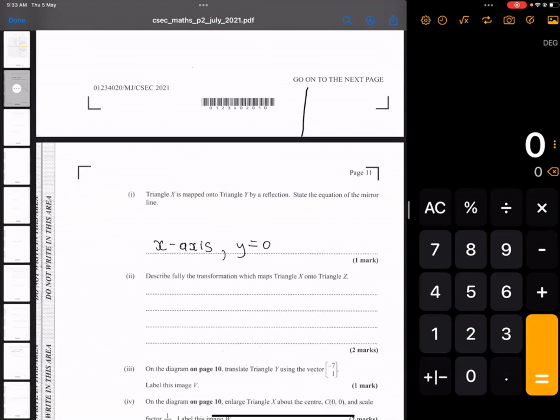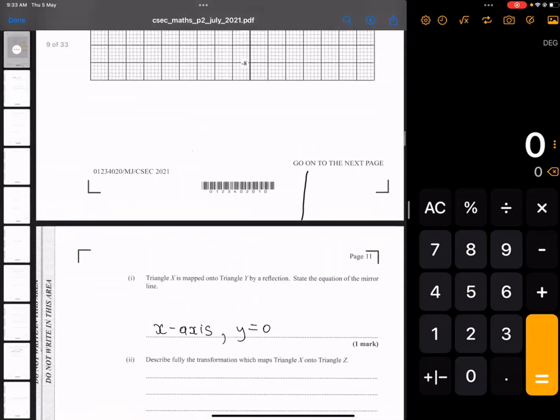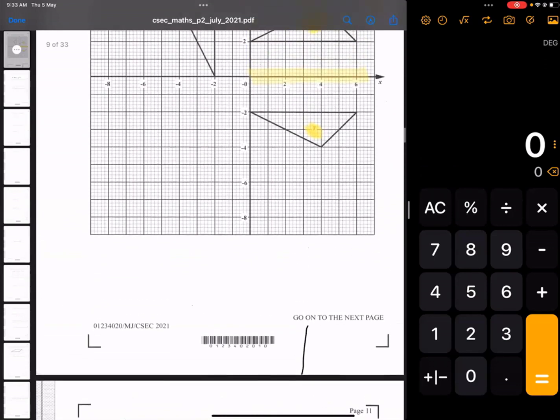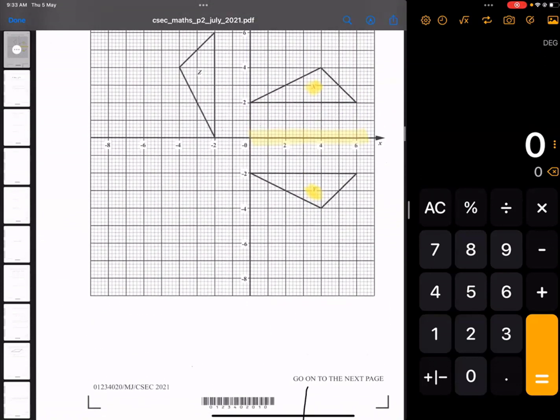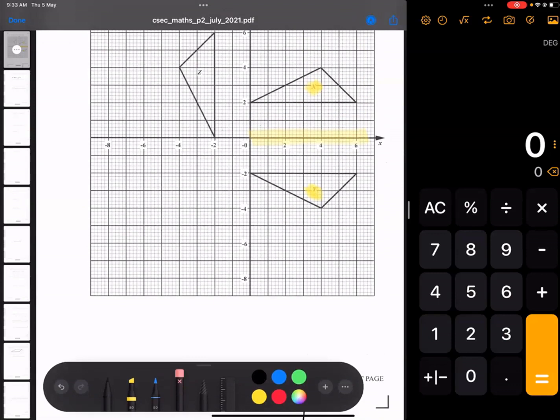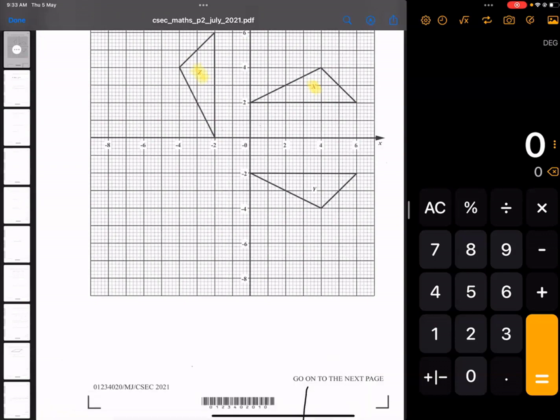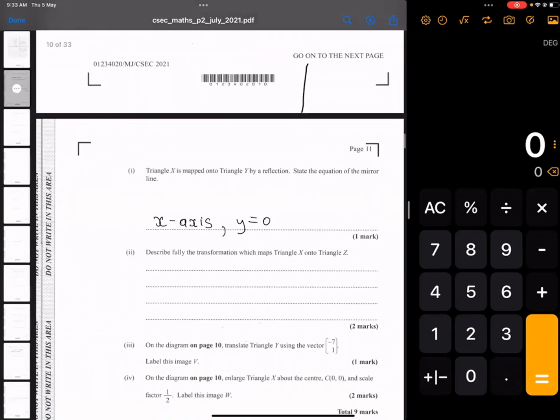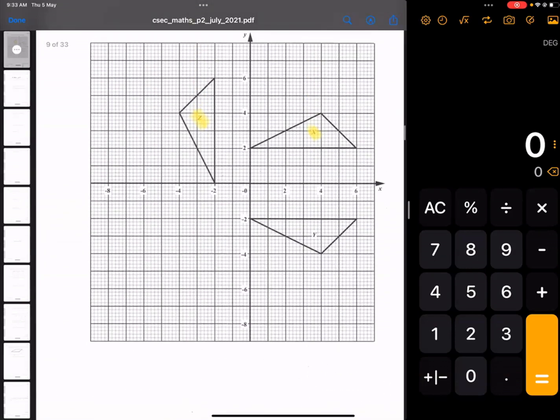Next, part 2 says describe fully the transformation which maps triangle X onto triangle Z. So let's look back at triangle X and triangle Z. It says that we are to describe the transformation.